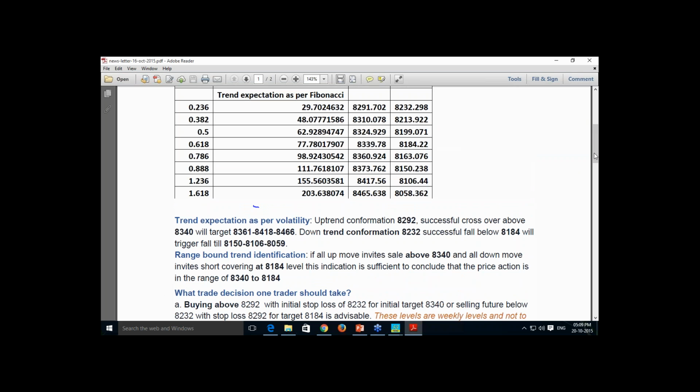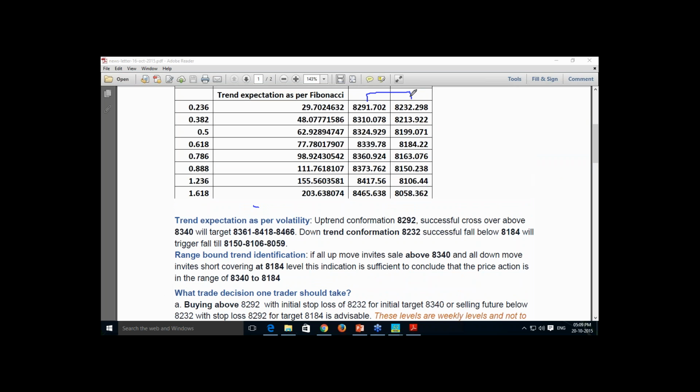In some cases, whenever the price fails to move at least in the range of the 0.236 retracement, and neither gives an uptrend breakout nor a downtrend breakout, then also we can say it is a range bound trend. So many processes are there to identify a range bound trend.